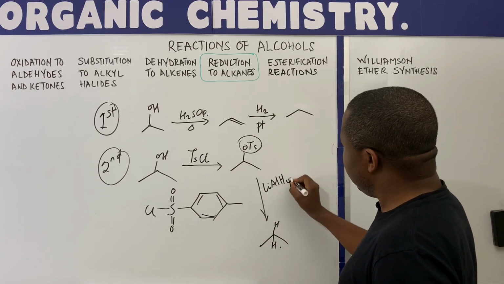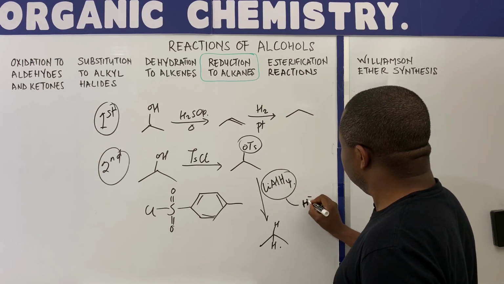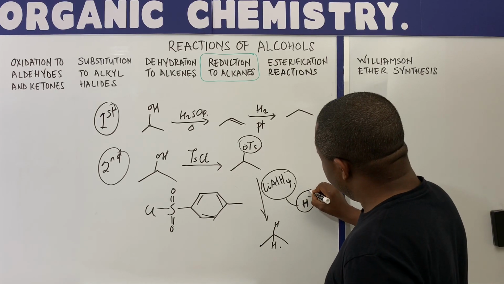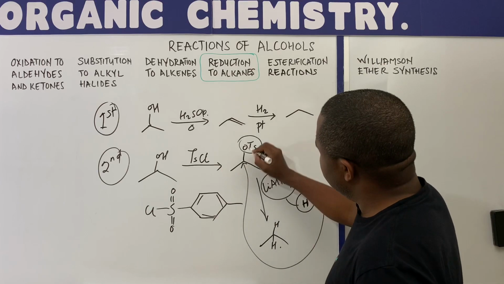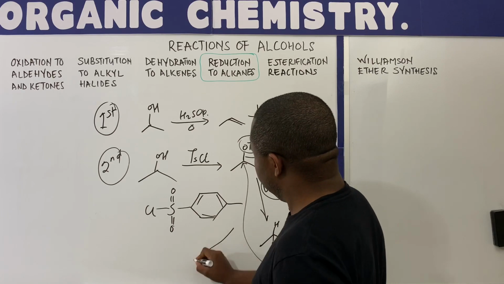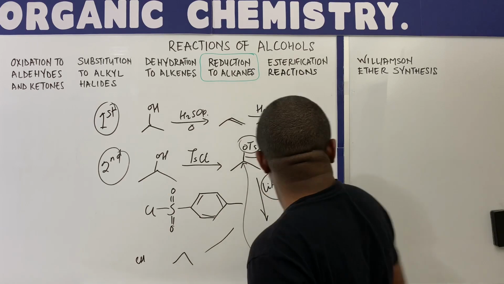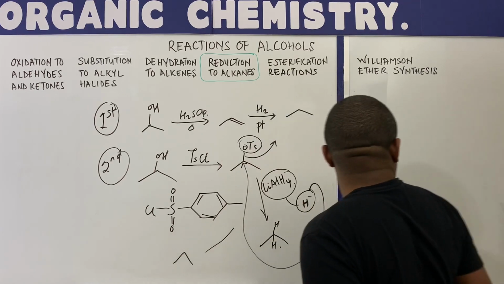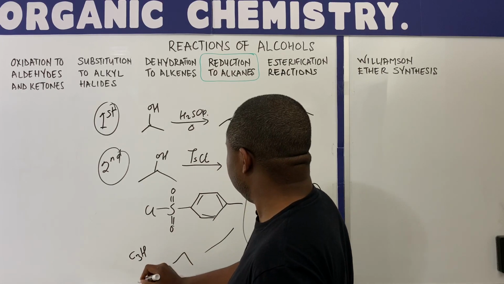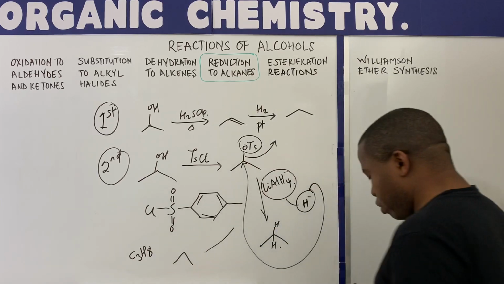The lithium aluminum hydride is able to generate hydride ion, which can nucleophilically attack this, and this very good leaving group leaves, so that we form the alkane, which is C3H8.